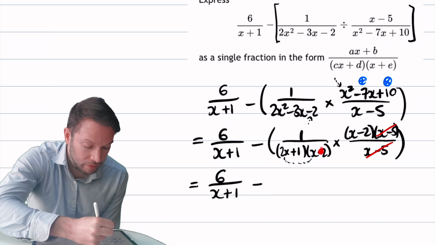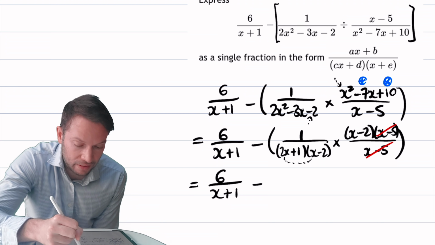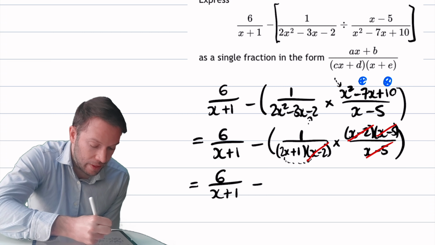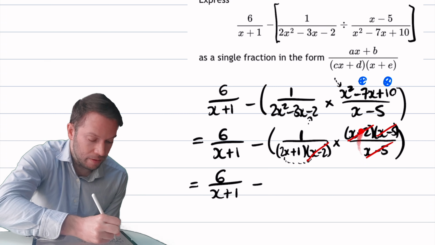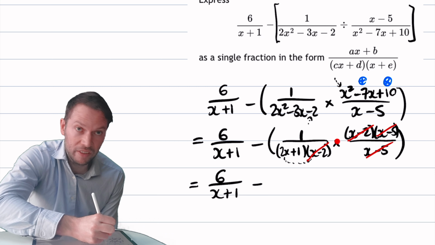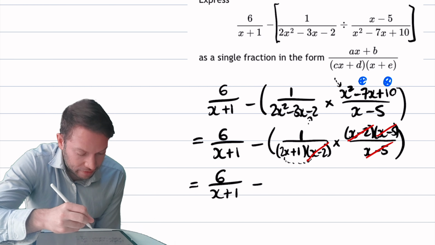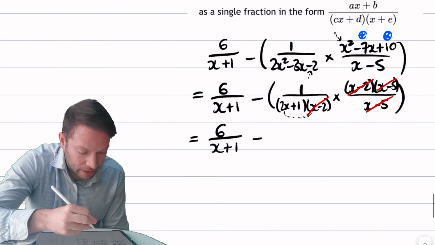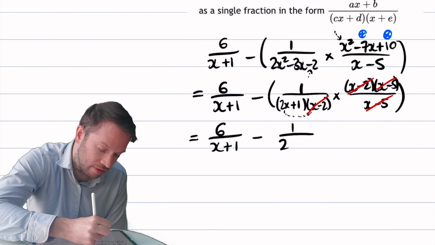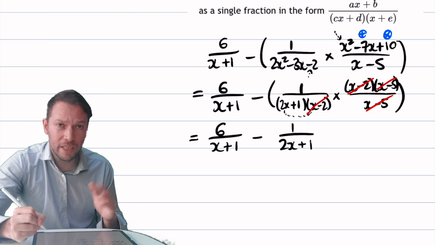So I can divide this numerator by x minus 2 and this denominator by x minus 2. We can just cross them out. That means there's nothing left in this second fraction at all. We're effectively multiplying by 1, which does nothing. So all we're left with in that whole bracket is 1 over 2x plus 1. And you can see that's really nicely simplified now.